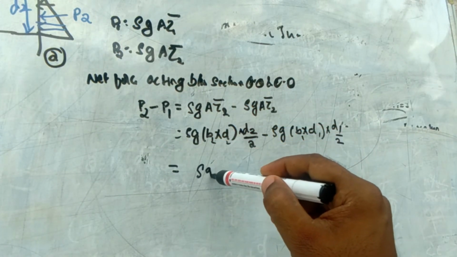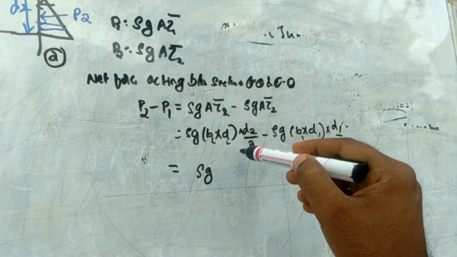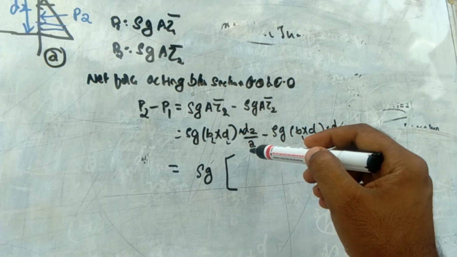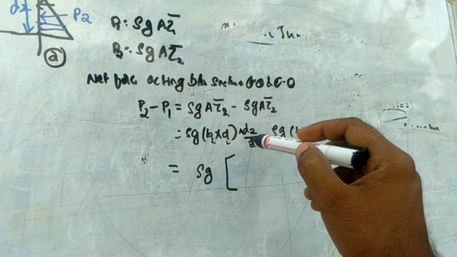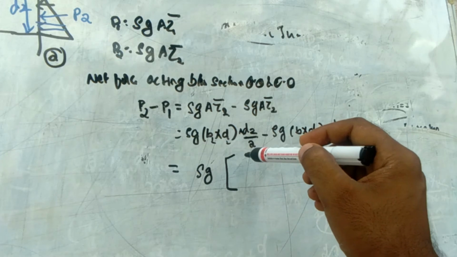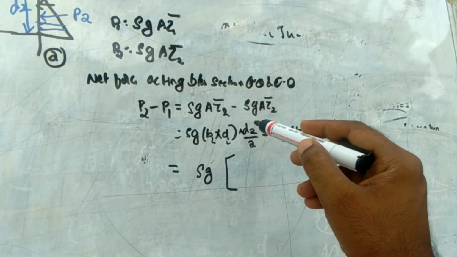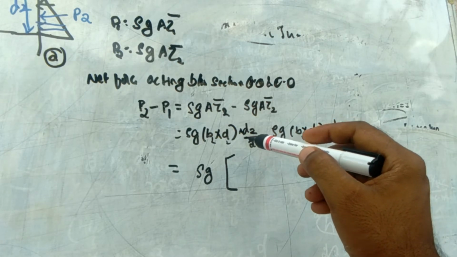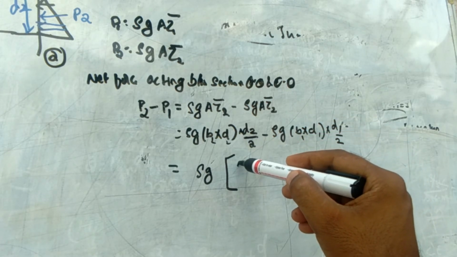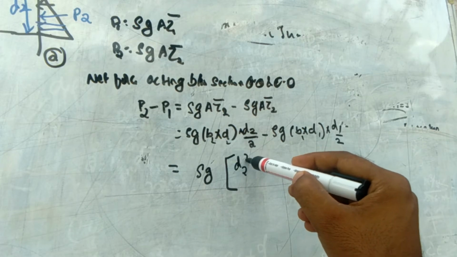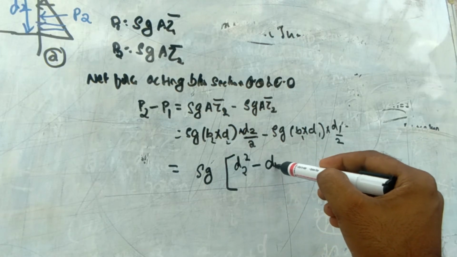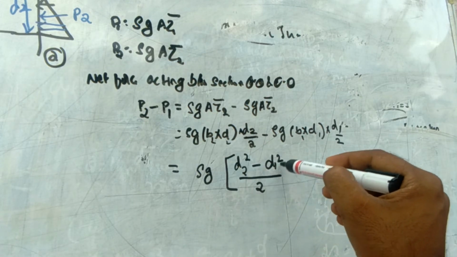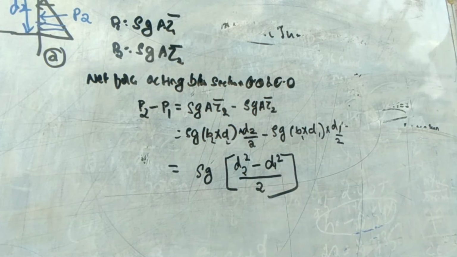Rho g, divided by D1, this one D2 squared, and this one rho g into D2 squared minus D1 squared, divided by 2, right?